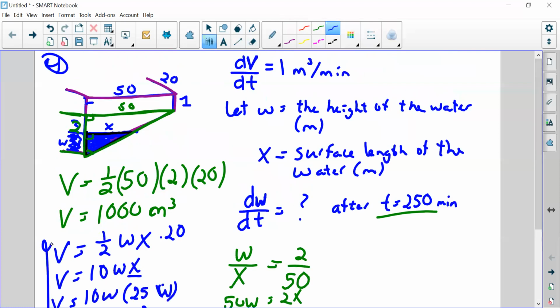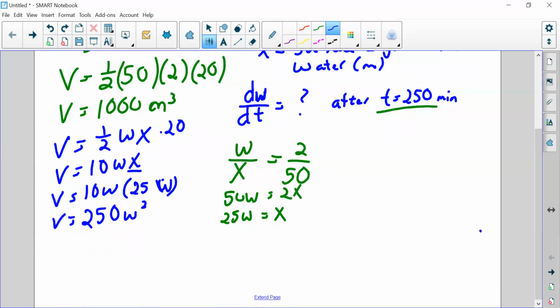That's dV over dt. dV over dt equals, what's the derivative of 250W squared? 500W times dW over dt.